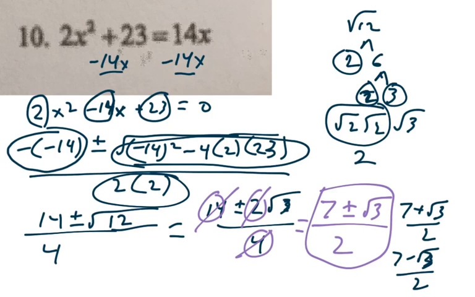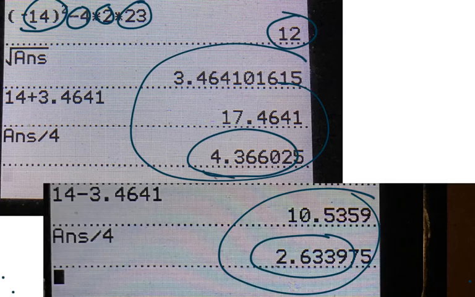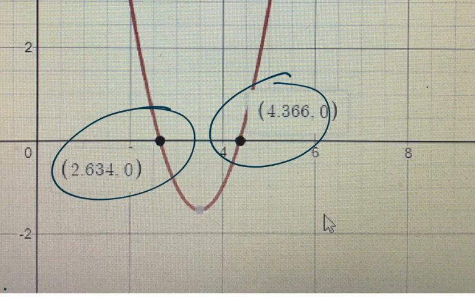If you actually calculate that in your calculator, okay, you will get 2.633 and 4.366. And as you can see, they do match up with the Desmos graph, our x-intercepts.